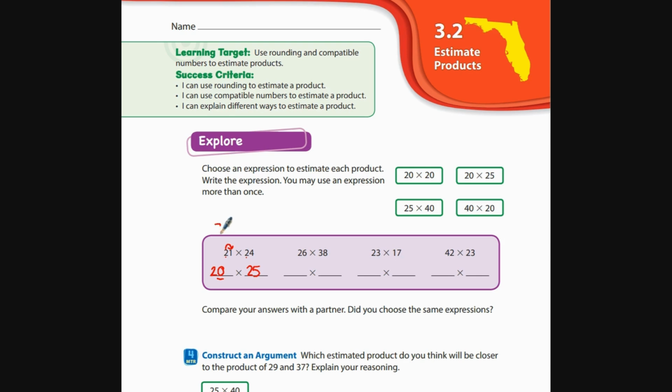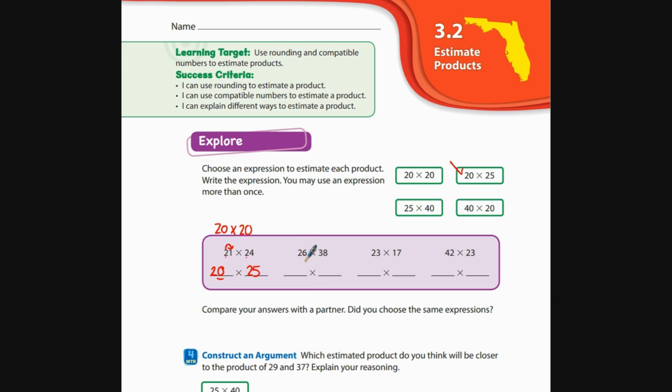If I said 20 times 20, that's not wrong. That is correct. That's using rounding. However, if I said 20 times 25, that's also correct because I used compatible numbers. Okay? Let's try it again.